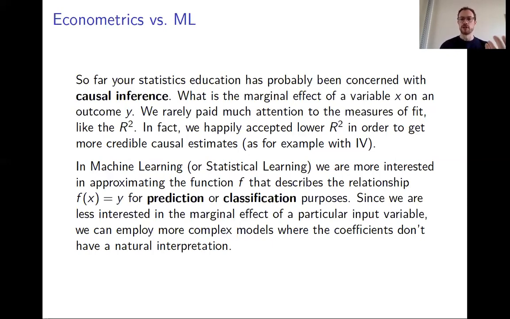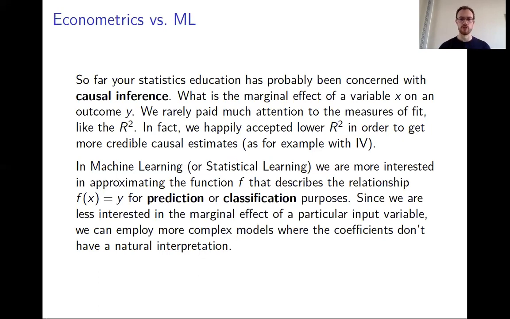And we rarely paid much attention to how well our model fits, what the R squared is. In fact, we've happily traded off fit of the model against a more credible causal estimate. For example, if you think about IV or instrumental variable regressions, the R squared of these models will be low.